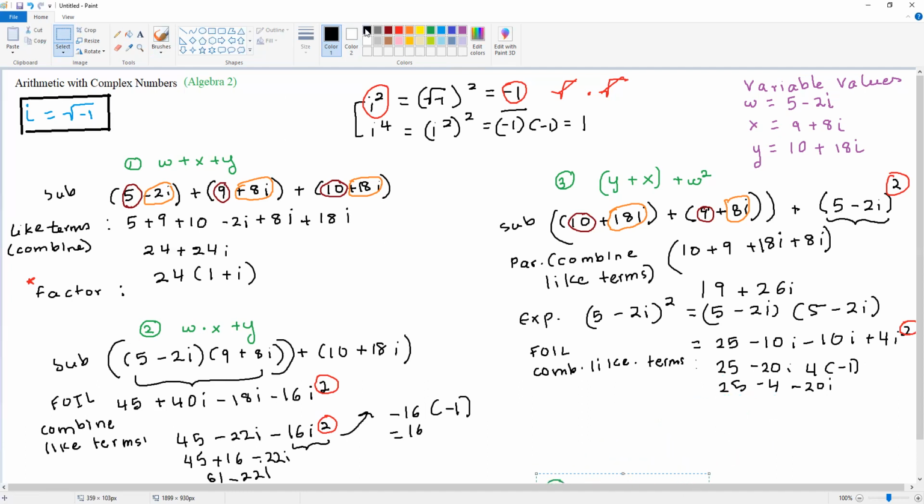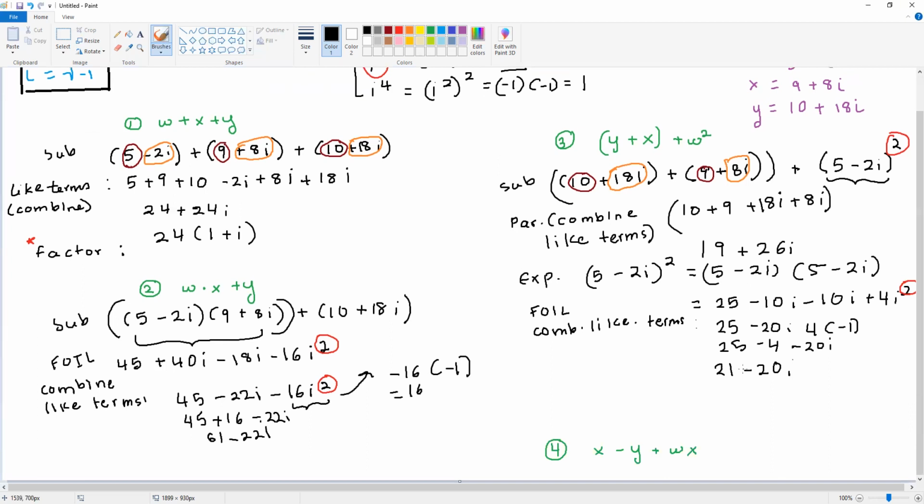Okay, so that would be 21 minus 20i. There we go. So that is our square.